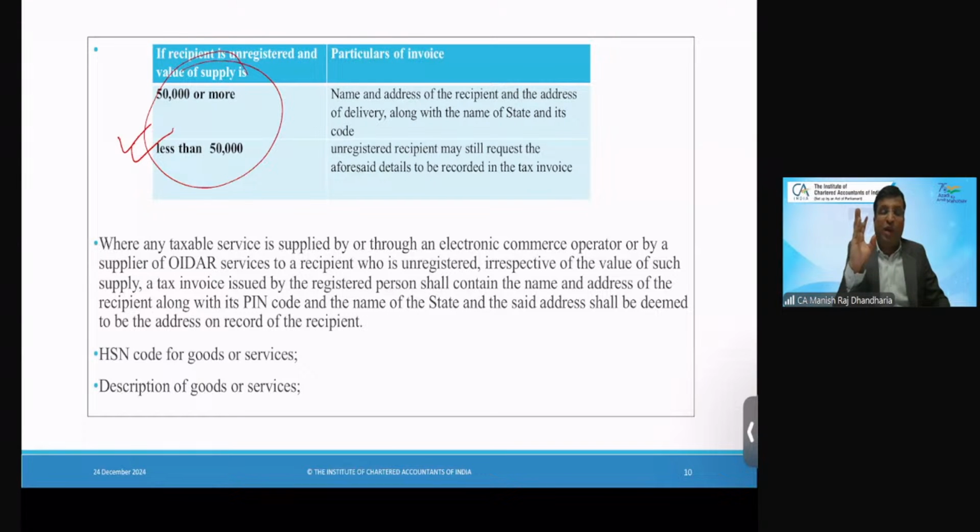Irrespective of any value, you have to mention the name, address, and the recipient ka pin code.